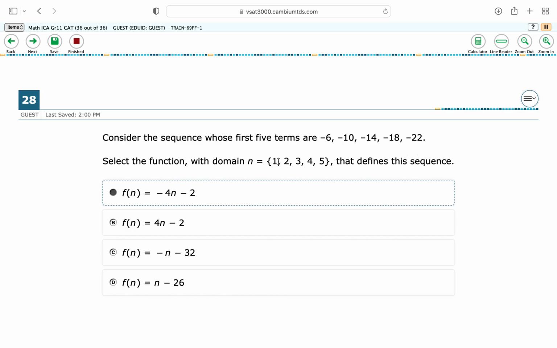So that's good. If I were to do that in these other ones, if I plug 1 in, 4 times 1 is 4, minus 2 is 2. Well, when I plug 1 in, I don't get -6 there. If I plug 1 into this one, -1 minus 32 is -33. That doesn't seem right. And then finally, 1 minus 26 is -25.